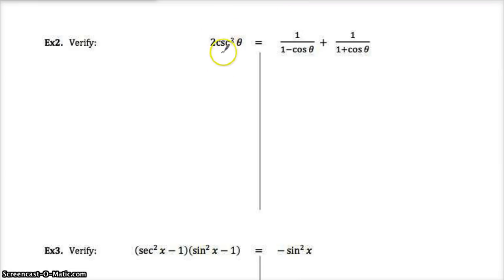Okay, verify. My left-hand side is one single trig function. The right-hand side, a fraction plus a fraction. Okay, so I'm definitely going to manipulate my right-hand side. So what should I do? Well, the only thing I can do is get a common denominator here. So for this first fraction, I'm going to multiply it by 1 plus cosine theta in the numerator and denominator.